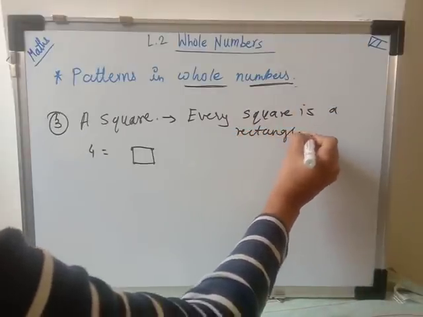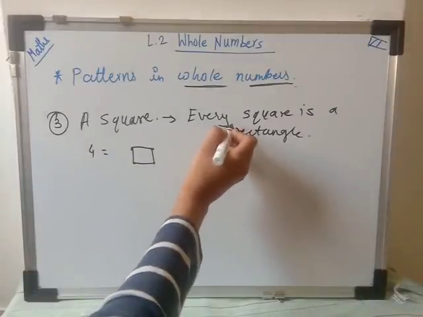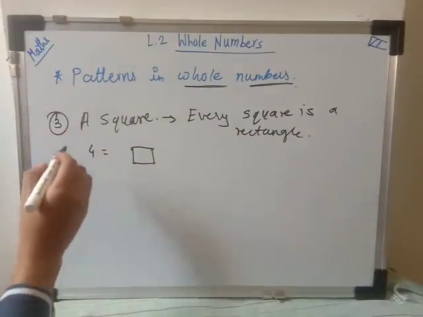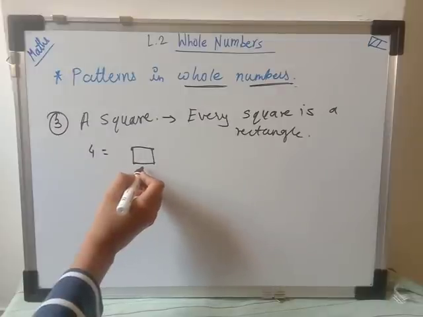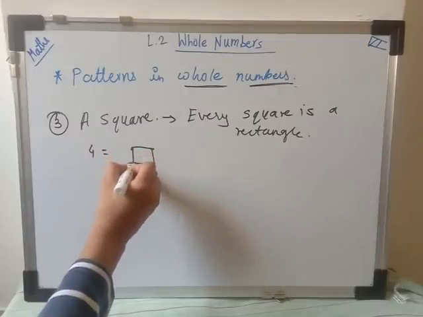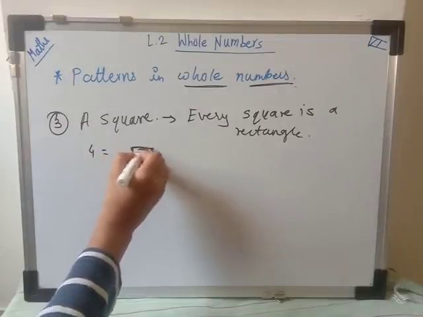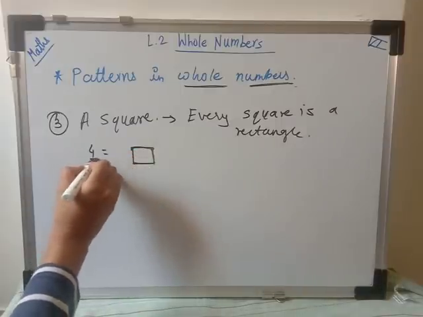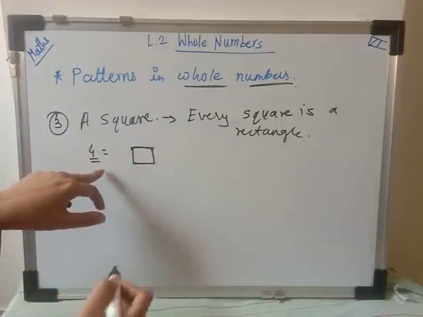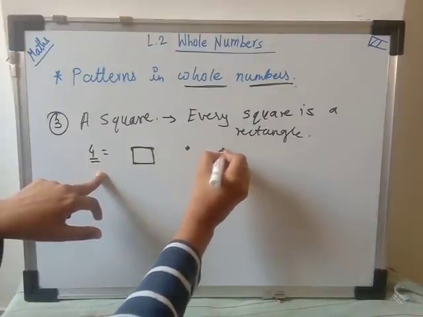This is the important thing to remember: if we can make the elementary shape square from a number, it means we can make the rectangle of that number also.